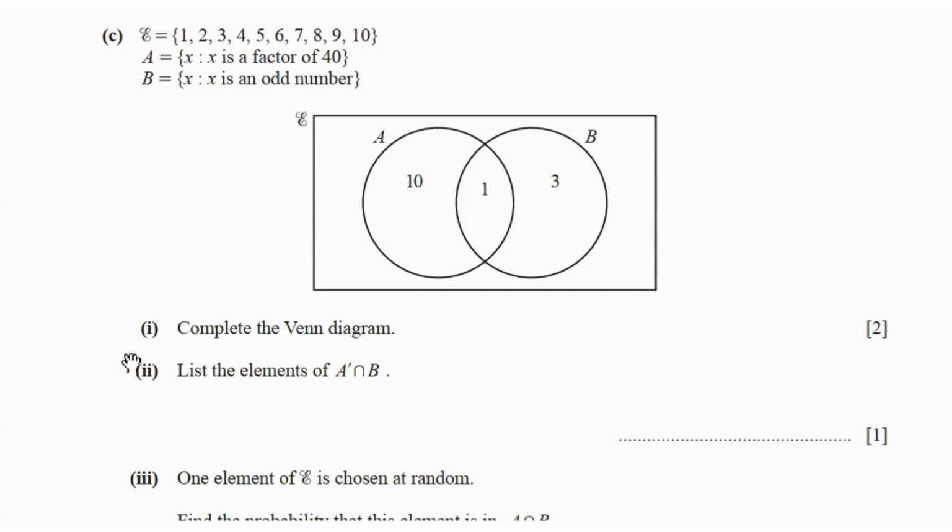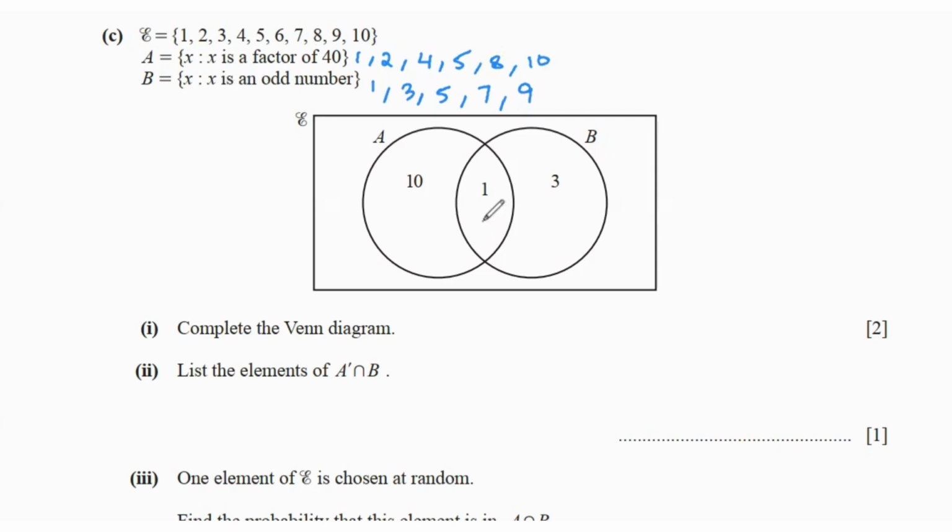Next part says that we have a universal set with numbers 1 to 10. X is a factor of 40, which is represented by set A, and set B shows that X is an odd number. Complete the Venn diagram. So factors of 40 are 1, 2, 4, 5, 8, and 10. Odd numbers are 1, 3, 5, 7, and 9.